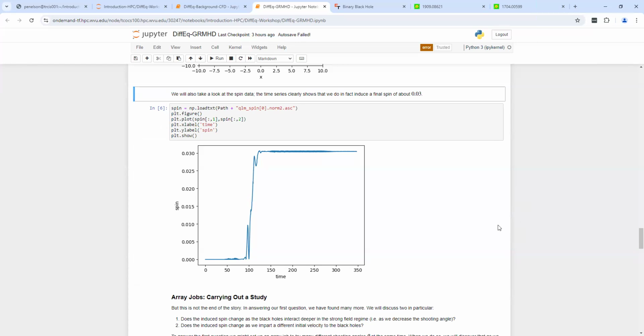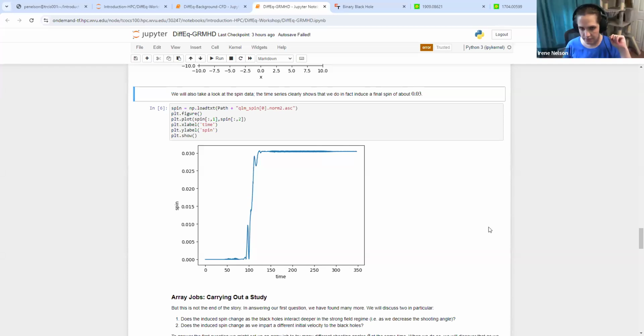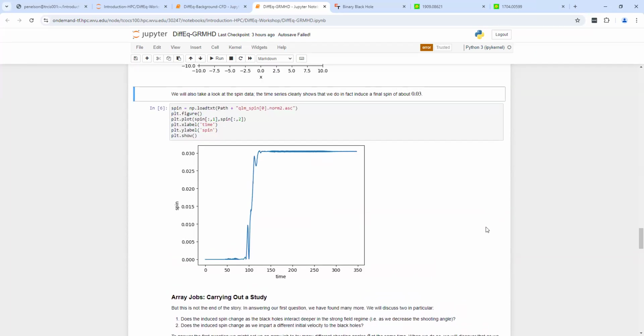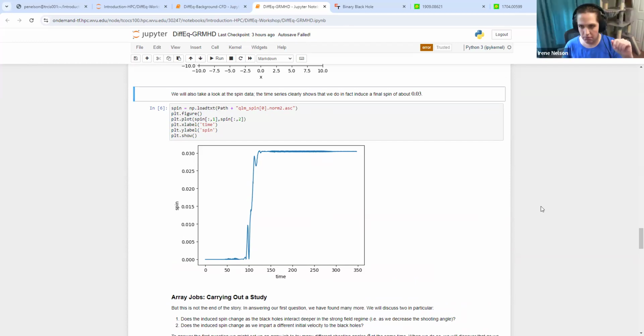So this 0.03 is a function of the angle? If the angle changes, you get a different value, or is it a function of the momentum of the black hole, or is there something else that makes these values 0.03 instead of 0.05 or 0.06 or whatever?